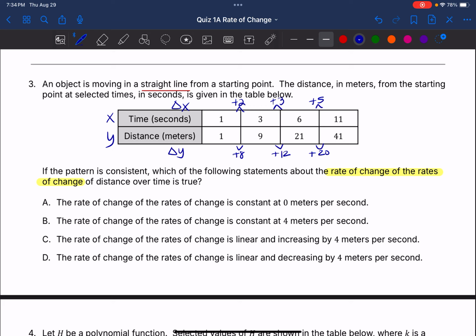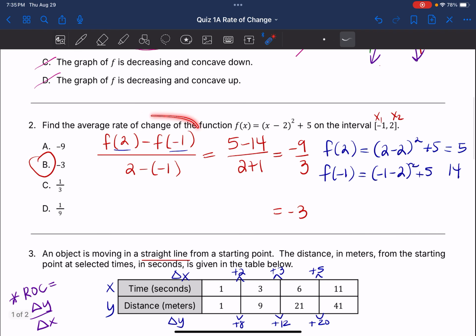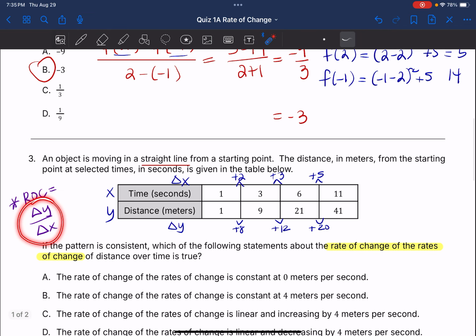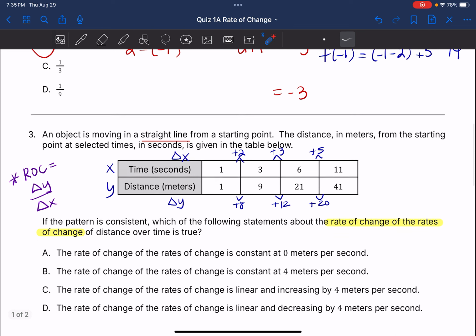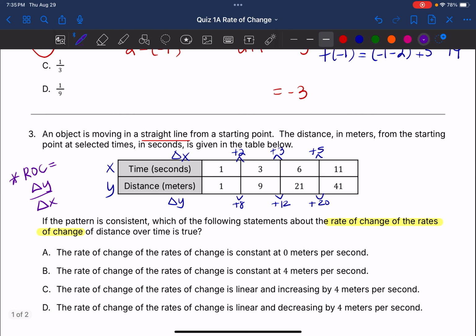Okay, so far all we found was our delta x and our delta y. But just a reminder, I'm going to write it here to the side. Rate of change is equal to delta y divided by delta x. That's the exact same formula that I used here. It's just different notation. So since I have my delta x's, I'm going to make myself a list over here on the side. Rate of change.